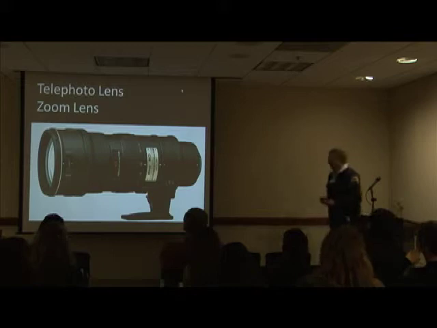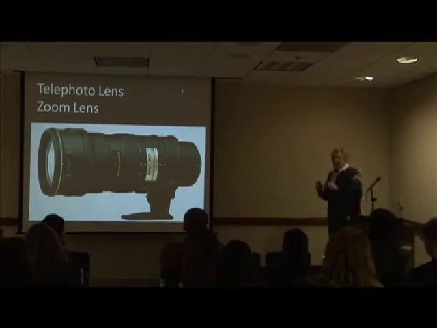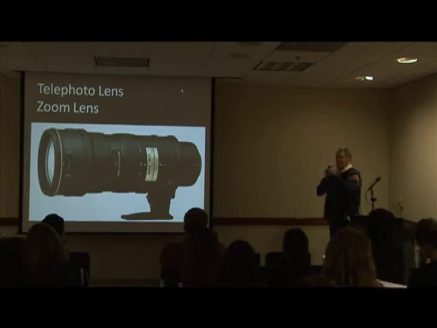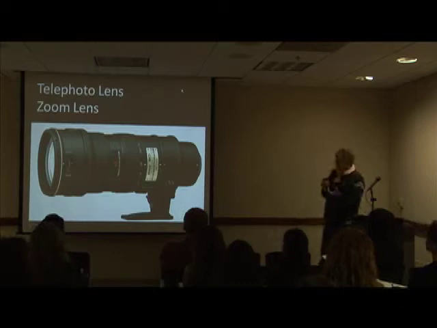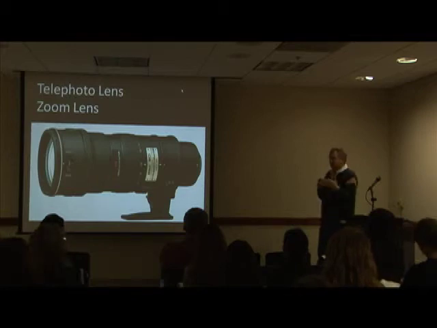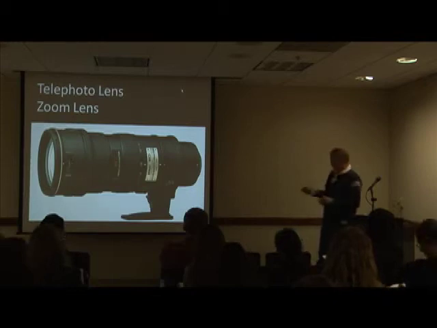One thing to keep in mind, the longer the lens, the longer the focal length, the more any motion will be magnified. If you're shaking just a tiny bit, it will not be apparent if you shoot with a wide-angle lens. It will make very little difference with a short telephoto lens, but as it gets longer, it will really be magnified to the point where it affects your photo.